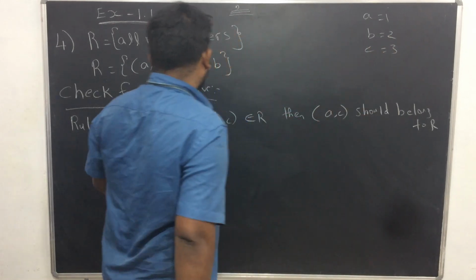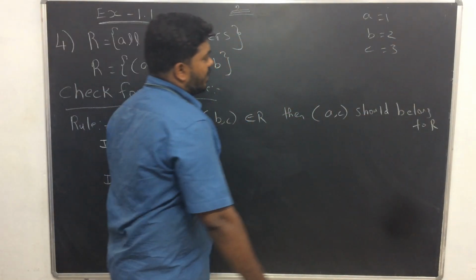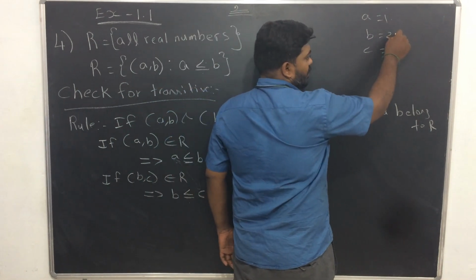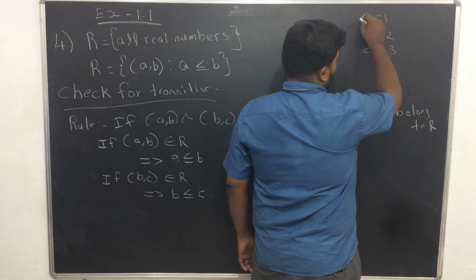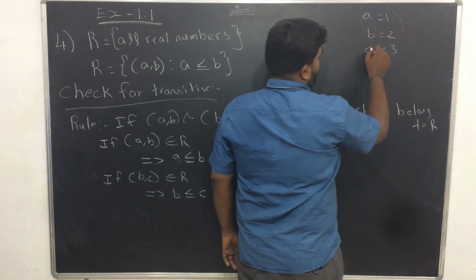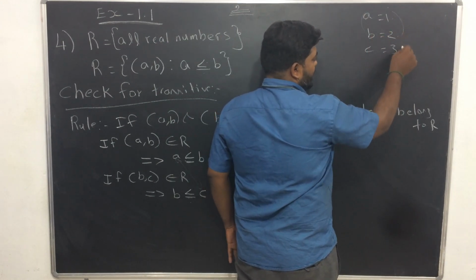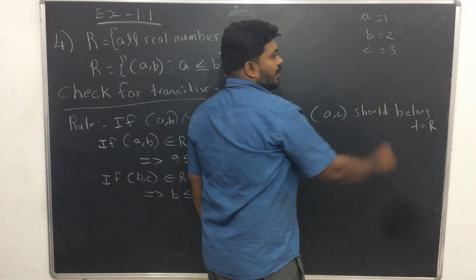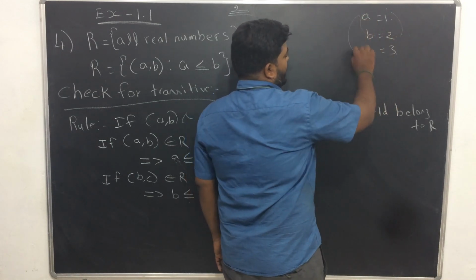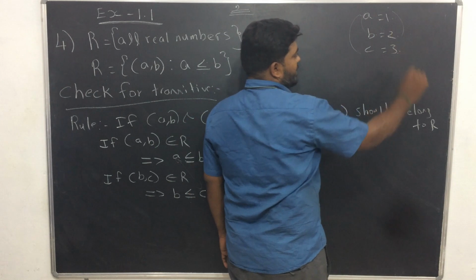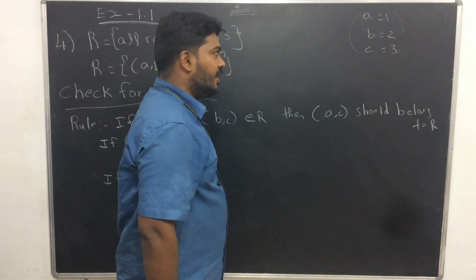The first one, (A, B). A is less than or equal to B. So, 1 is less than 2. So, (A, B) belongs to R. Now, (B, C). 2 is less than or equal to 3. But 2 is less than 3. So, (B, C) belongs to R. Checking for (A, C). 1 is less than or equal to 3. Of course, 1 is less than 3.